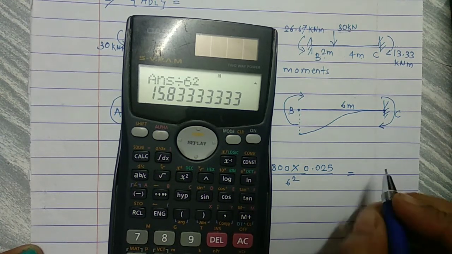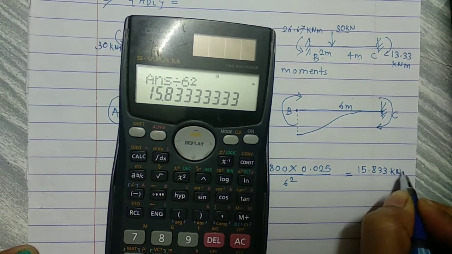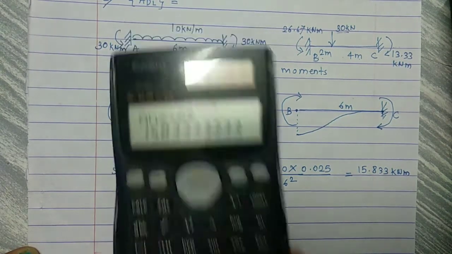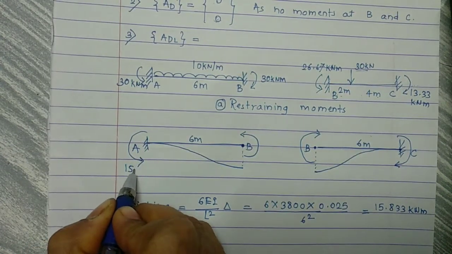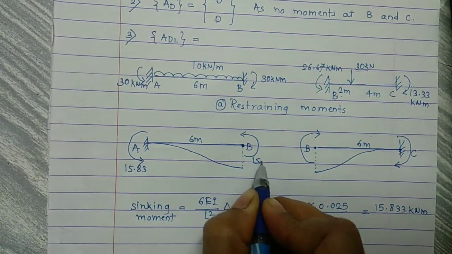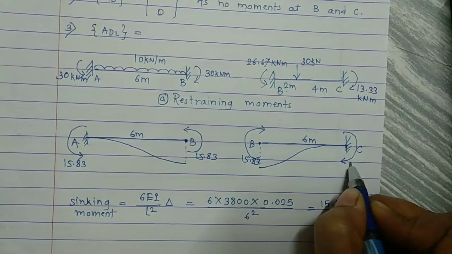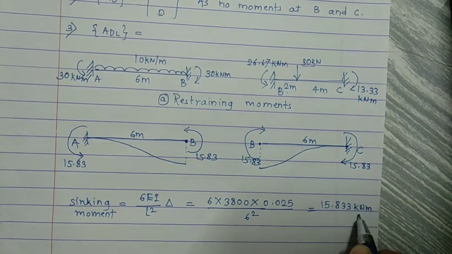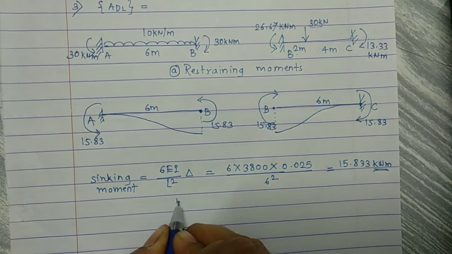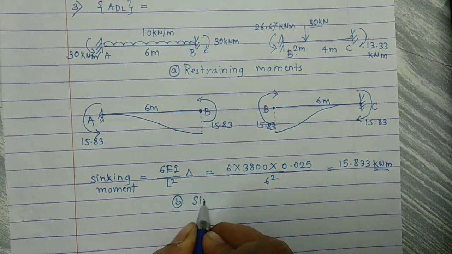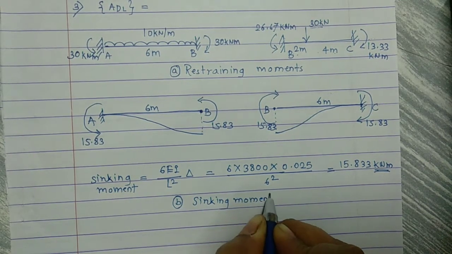That moment is equal to 15.833 kilonewton meter. Okay, so that is the value here. So this moment at BC is 15.83 and at CB is 15.83, common unit kilonewton meter. Okay, so this is the second figure B, that is the sinking moments.